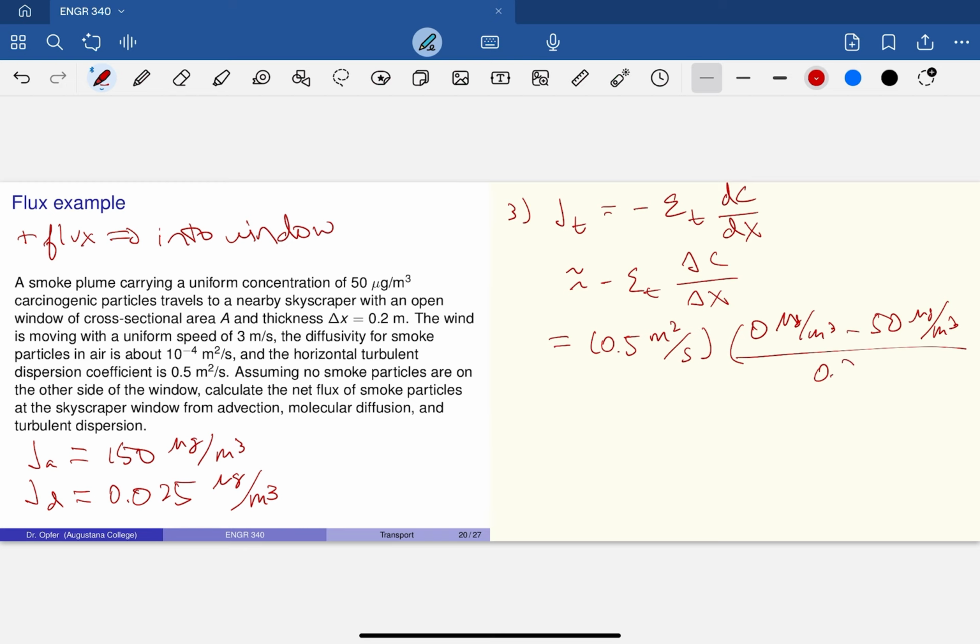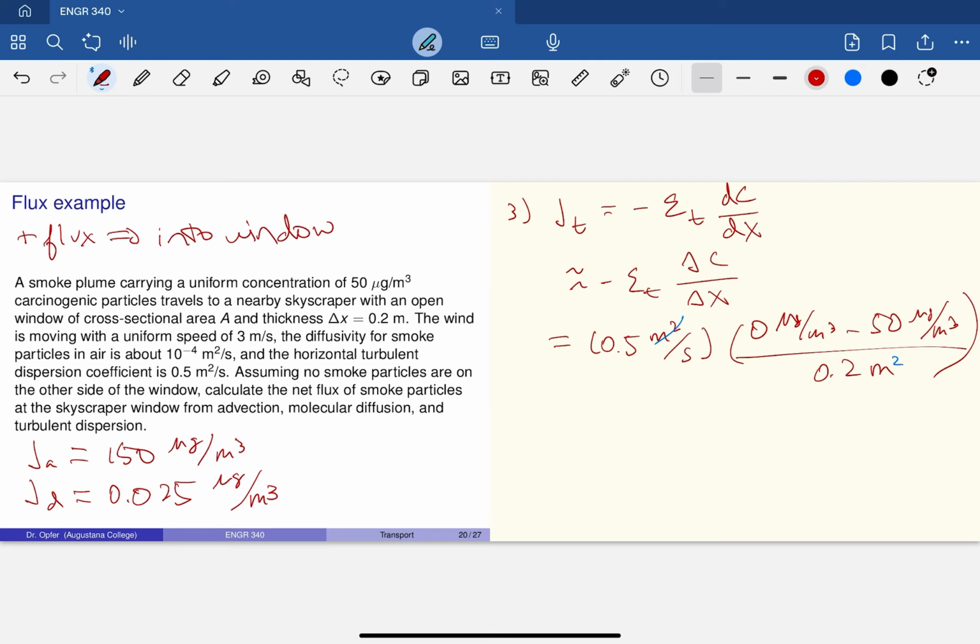all over 0.2 meters. I forgot to check the units earlier, but we'll have 1 over meters to the fourth power, because we have meters cubed and meter. But we have a meter squared on top, so this meter squared will cancel with meters to the fourth, and we'll just have meters squared down here, and we'll just have micrograms on top and another second on bottom.